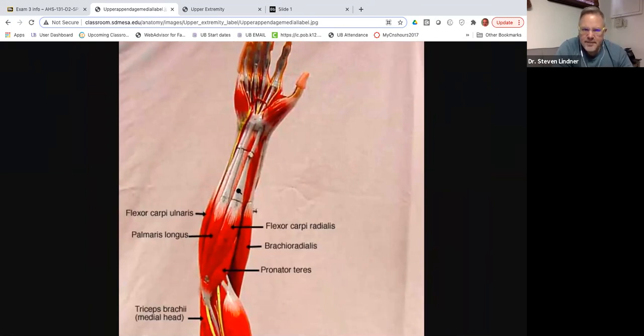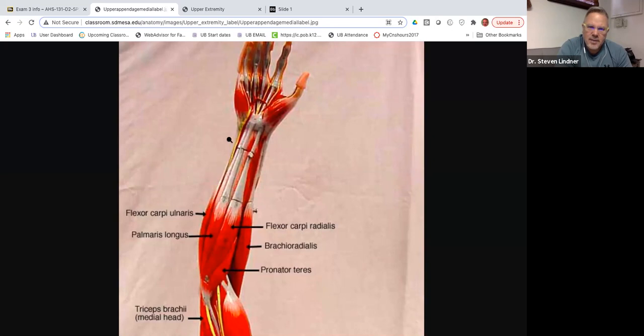These three will all flex the wrist. But what's unique is that palmaris longus, since it's centrally located, does pure wrist flexion. But the flexor carpi radialis, because it's more on the radial side, not only does it flex the wrist, but it radially deviates it, aka abducts the wrist.